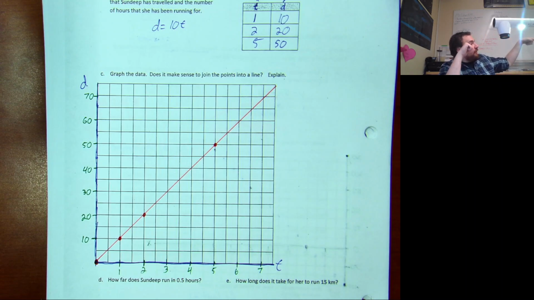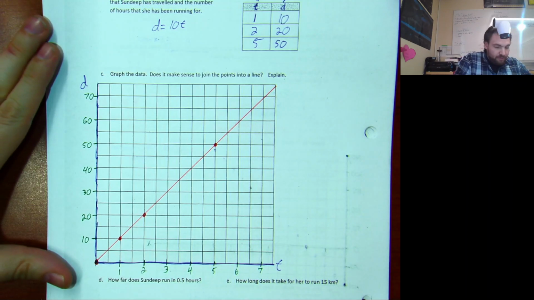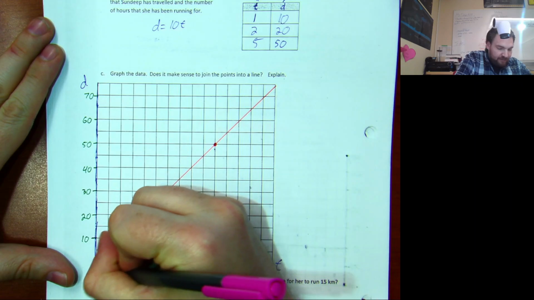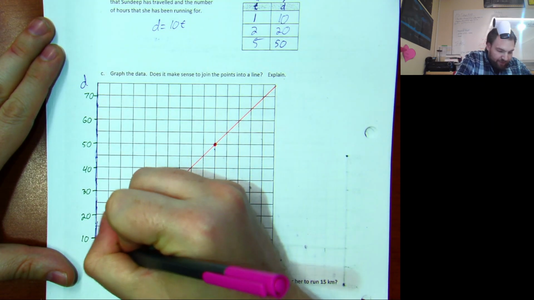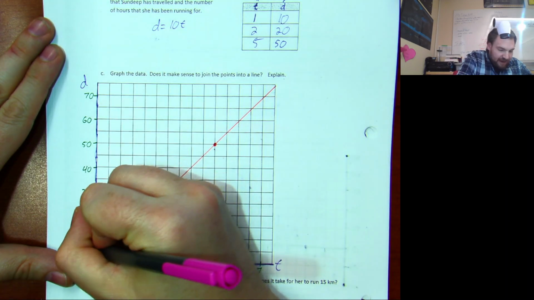You could either do what, Carolyn? What's one option? Read it from the graph. How would you read it from the graph? On the t-axis where it's a half, okay. Go up where it hits and then go over. What's the distance on this line here? That's 5.